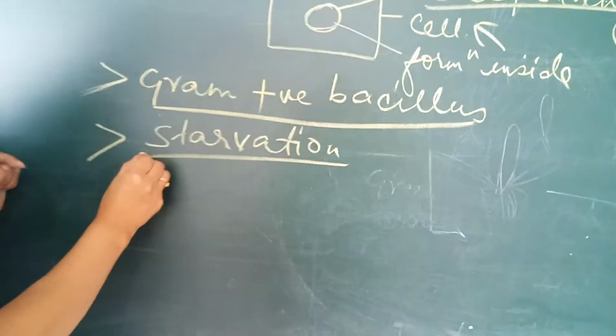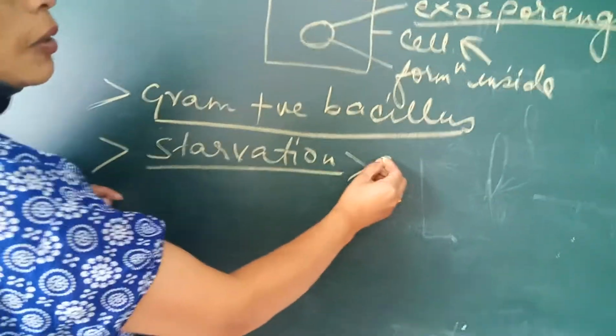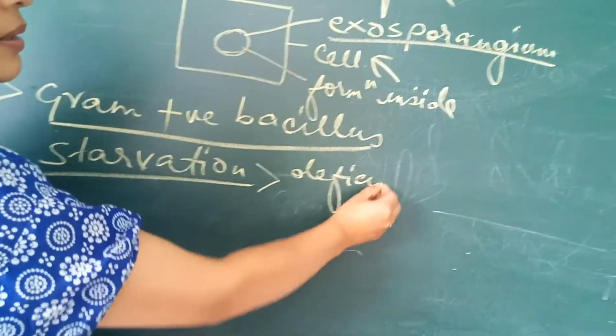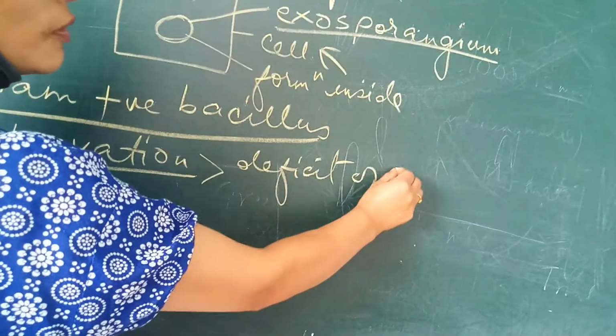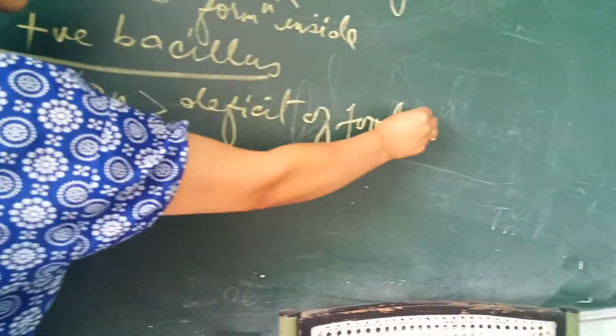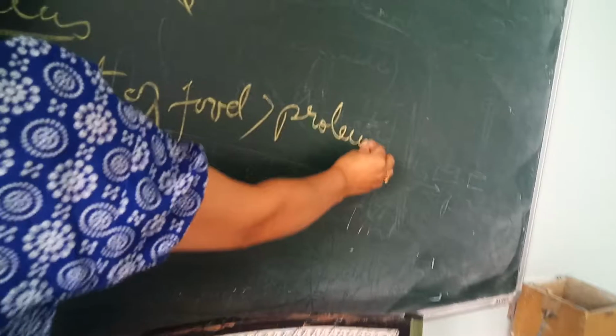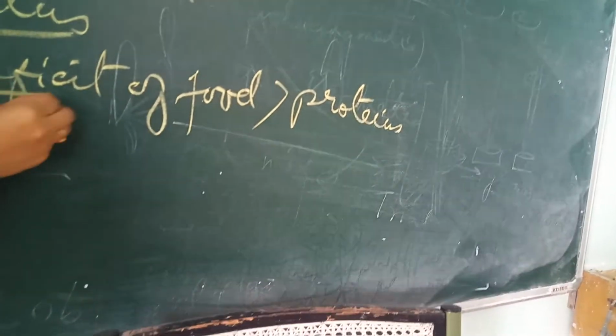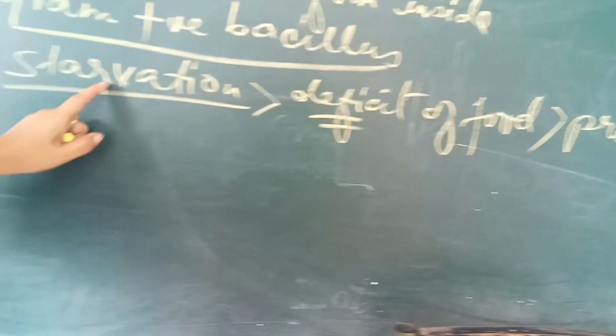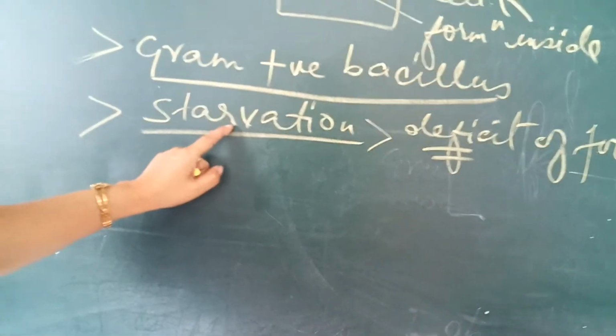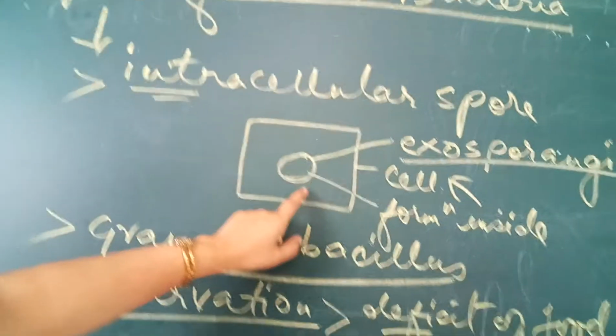What do you mean by starvation? When there is a deficit of food, for example, proteins. When there is a deficiency of food, that is, the cell is starving, then how will this bacteria survive?